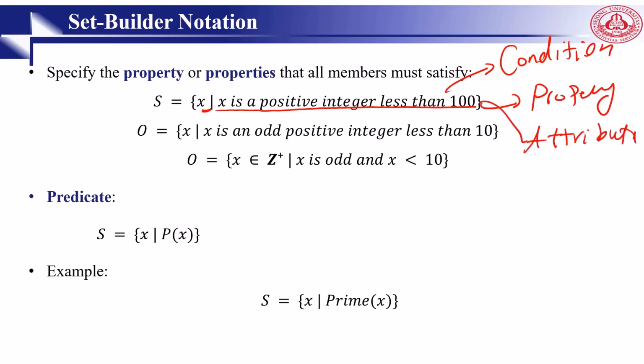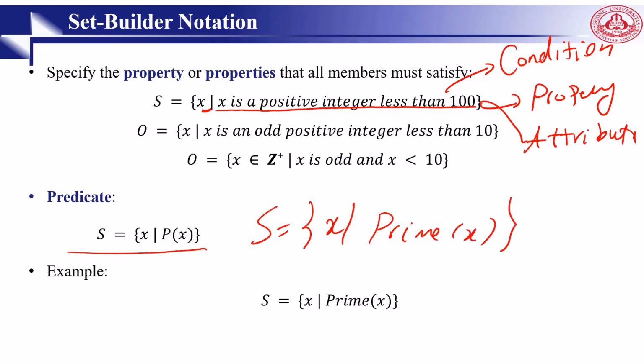Or we can say x is an odd positive integer less than 10, then odd and less than 10. We may also use predicates like S = {x | P(x)}. For example, S equals {x such that x is prime}, right?